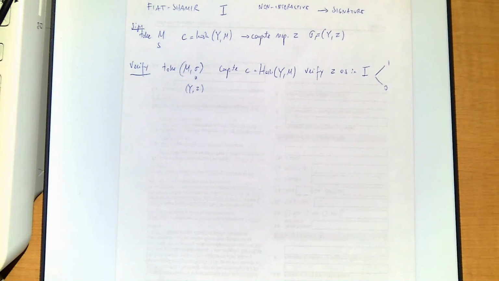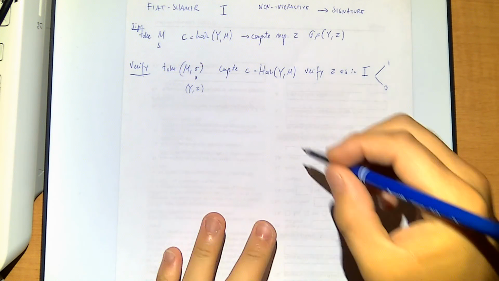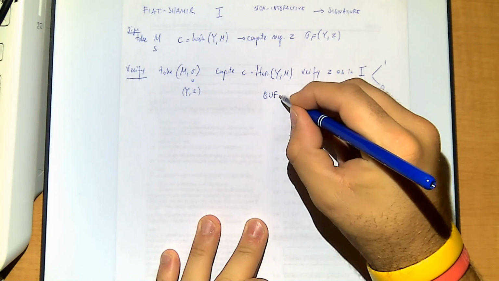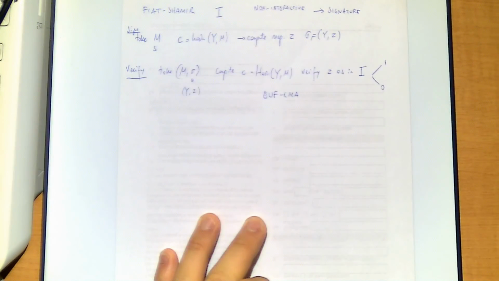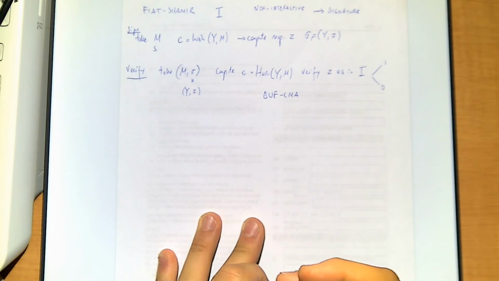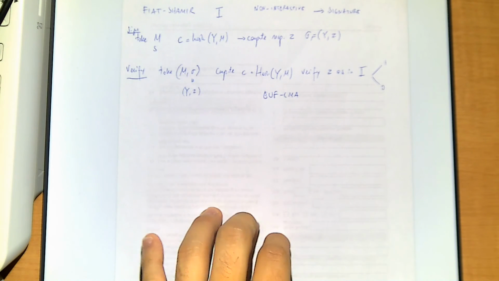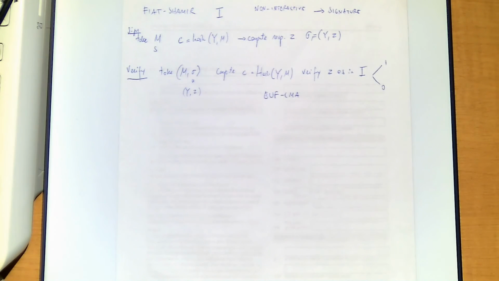So you can take an identification scheme that is secure against impersonation up to the desired level, and it turns it into a, remember that we discussed UFCMA, which is existential unforgeability in the CMA attack. So you can obtain a strong signature scheme by just taking an identification scheme and making it automatic. So this is a path to creating signature schemes.